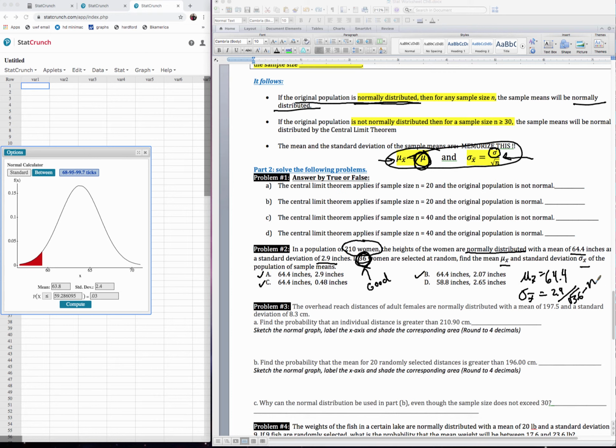This is n. That's how many we selected. Your n is 36, and this is 2.9. Now we just have to put this in your calculator, which is 2.9 over 6, and let's see, it's definitely not A. It's definitely not B, so it's C. Just pull your calculator out and put that in your calculator.